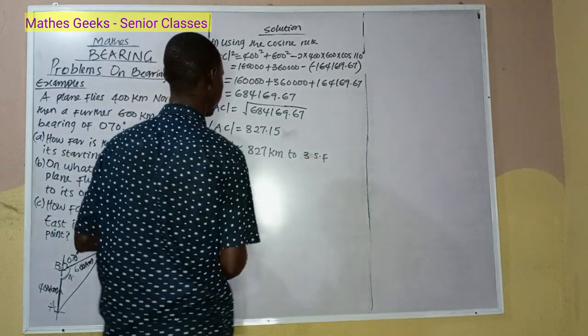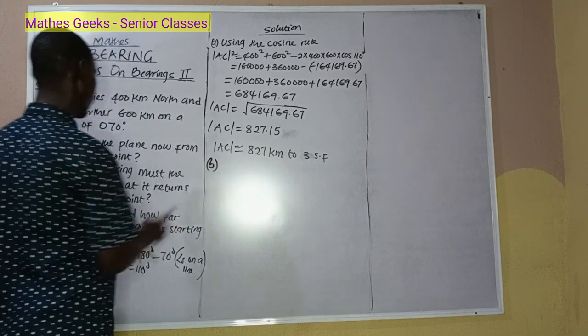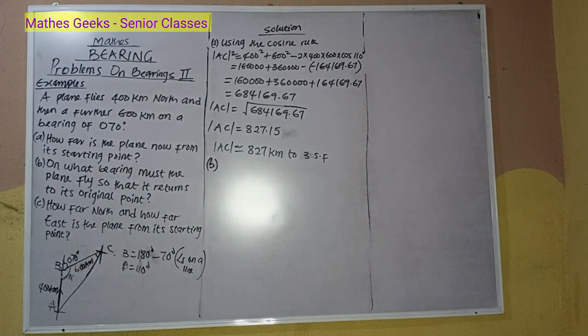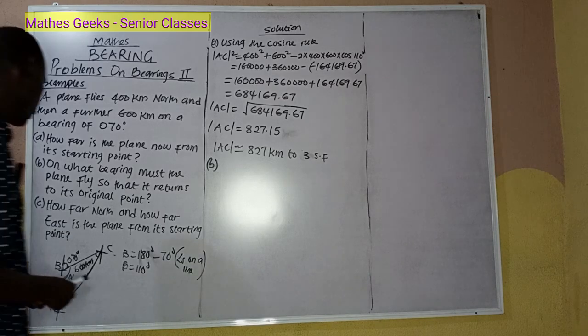To 3 significant figures. Now B says, on what bearing must the plane fly so that it returns to its original point? The plane must return to its original point, which is A, so it must fly in this direction from C, the last point of the journey. The bearing must be from C. So let me draw the diagram again.